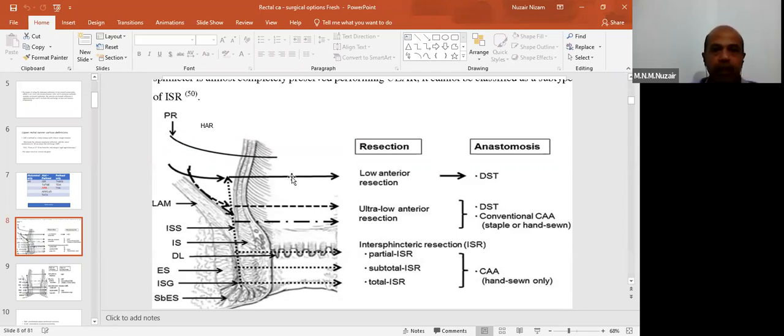And if the tumor is even lower, distally towards the anus, then we can dissect between the external sphincter and internal sphincter, resect the tumor and do the anastomosis below the anorectal junction. That is called intersphincteric resection. Intersphincteric means between both the sphincters.